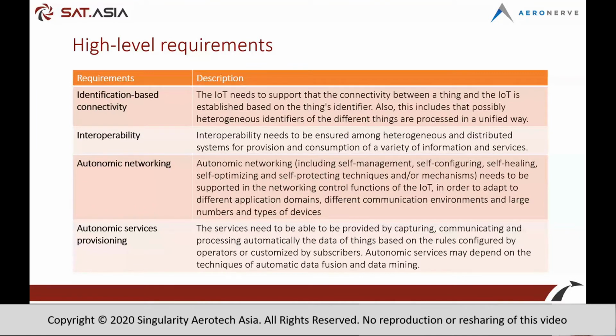This is important because in order for IoT or an application to communicate with different environments, especially when it has very large numbers or types of devices, you need to be able to switch different types of communication.